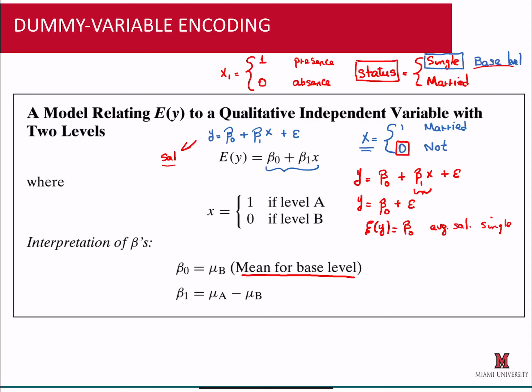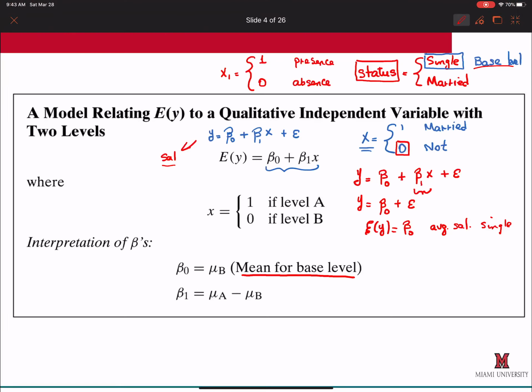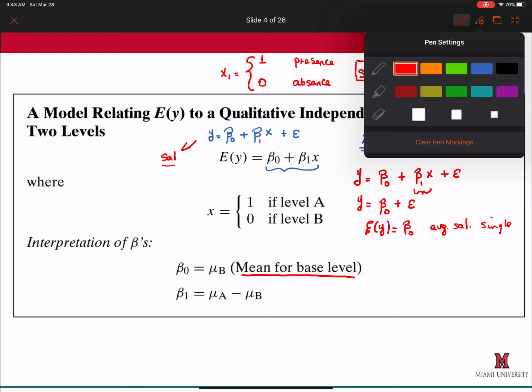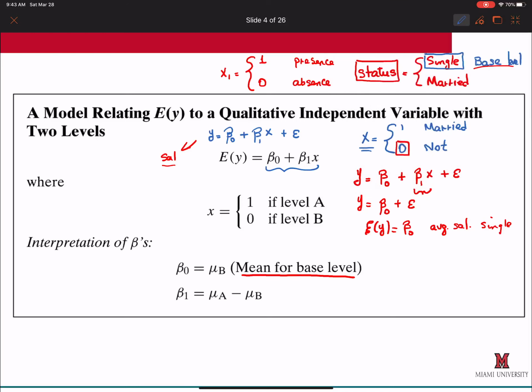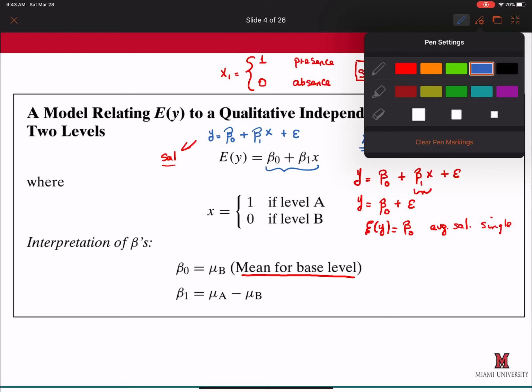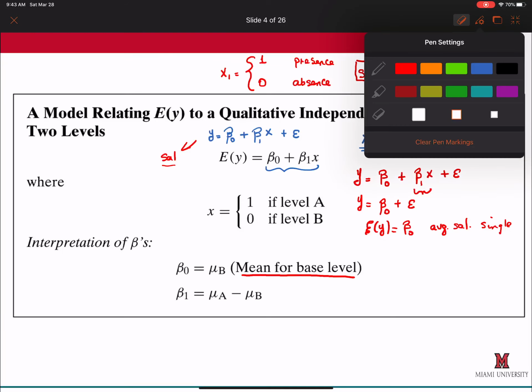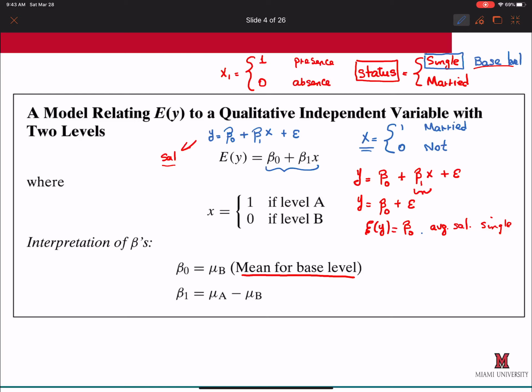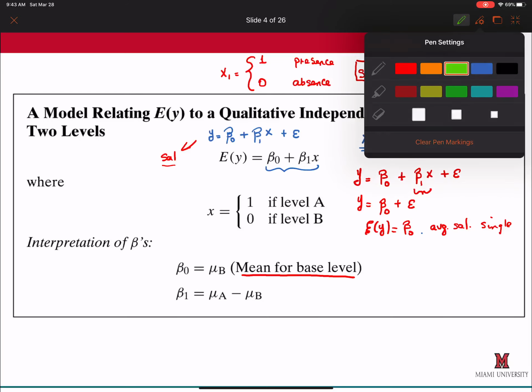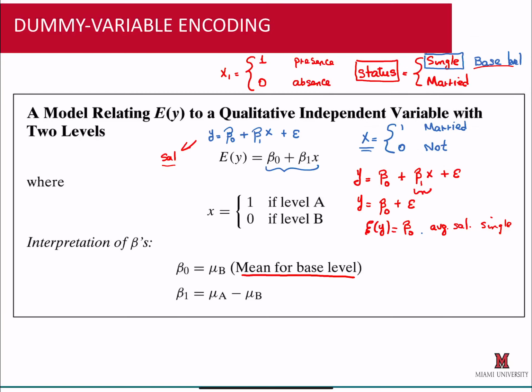All right, so now let's think about what happens when we are trying to predict somebody who is married. Let's take this out and put the 0 back here. The equation is exactly the same: beta 0 plus beta 1 times x plus epsilon.